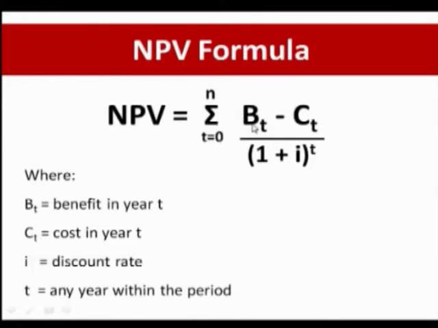If we are going to dissect the formula, we can see that the numerator tells us that we have to subtract the cost for each year from the benefit for each year, after which we divide by 1 plus I to the t. Doing so will allow us to get the present value. We do the same for all benefits and costs by year, and after we have obtained the present value for each year, we just sum them up, and what we get is the net present value.